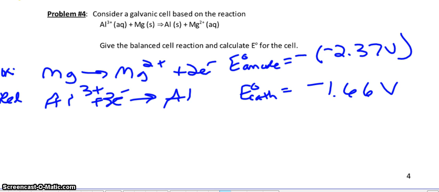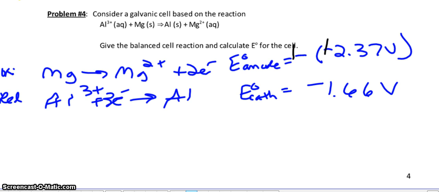And what happens there? When I reverse the sign, I get a positive value here. I love my smartboard. Notice what happens now. I have flipped them, and I'm going to get a positive E cell, and that needs to happen.